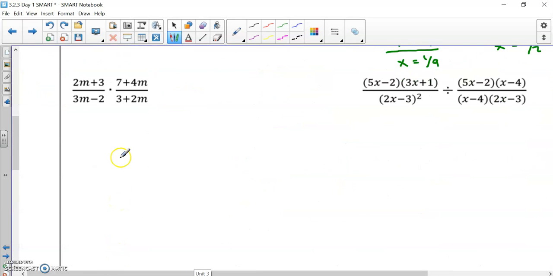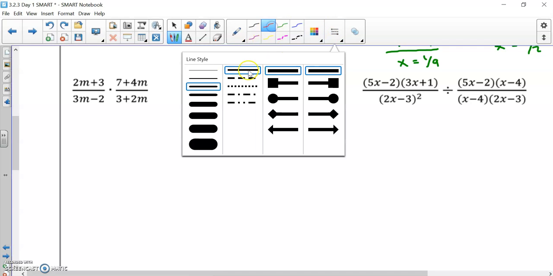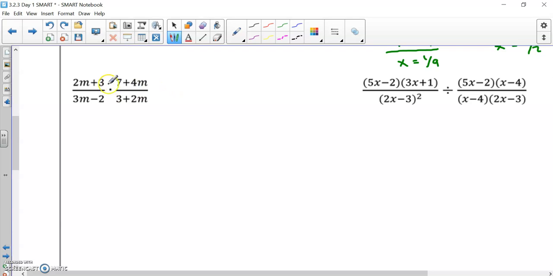Here we have another multiplication example, so let's do it. Remember, with multiplication, these are really just like one big giant fraction, so we can start to see what cancels. Give everybody their own little parentheses. So here's an interesting example. At first, you might look at this and think, well, shoot, nothing cancels, nothing's the same.